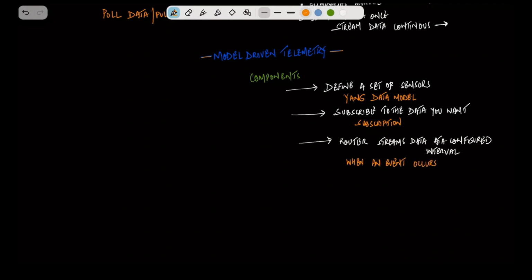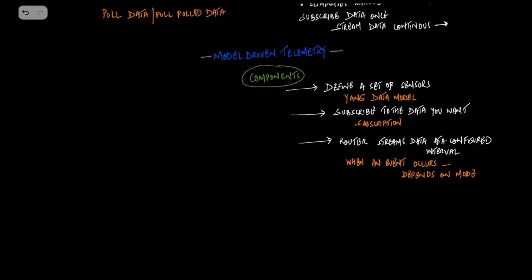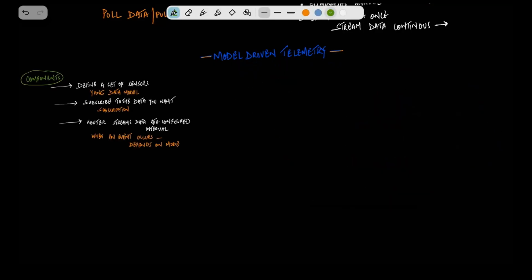When we talk about a device doing telemetry, in general it needs a transport to the collector, and it needs a way to send the data to that collector.